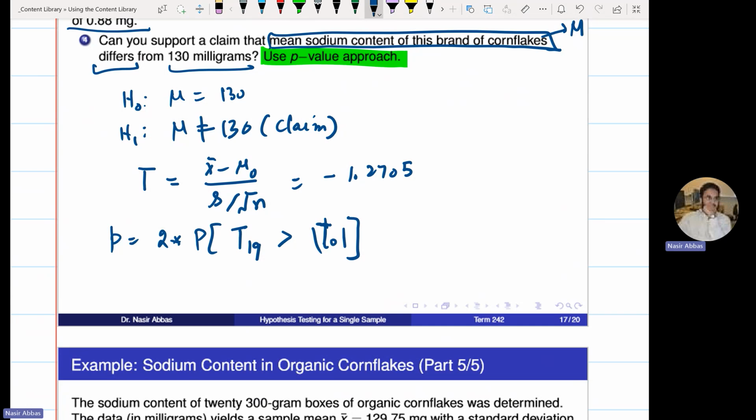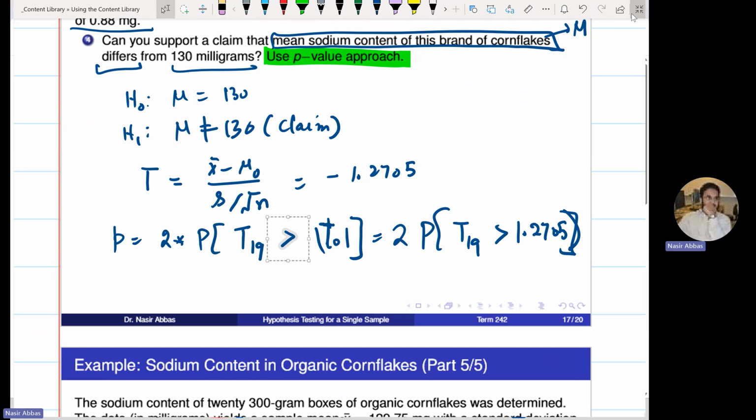Because the T distribution is a symmetric distribution, so we can just take one probability and multiply it by 2. What does this become? 2 times the probability T19 more than 1.2705. Now go to the T table and look for the probability T19 more than 1.2705.